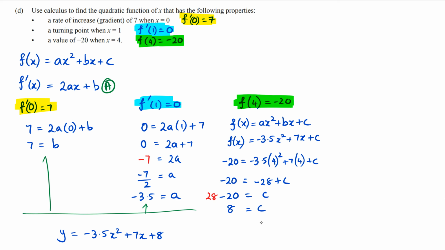Even if you don't solve it, just putting the derivatives equal gets you a merit. So even if you don't find the values of a and b, if you just write down those two derivatives, then you can get a merit. And then finally, quadratic found correctly gets you an excellence.